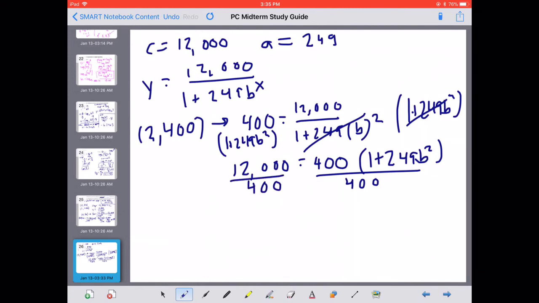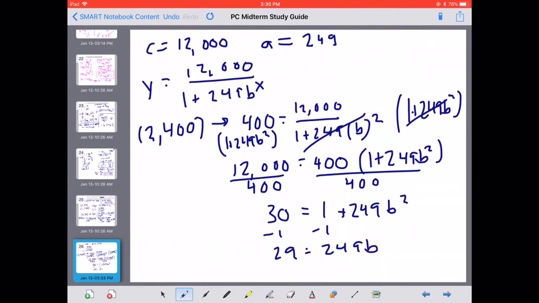So now on the left, we have a nice clean number, at least for now, of 12,000 divided by 400, which is 30. Alright, so we can subtract 1. So we have 29 equals 249b squared. Divide both sides by 249.